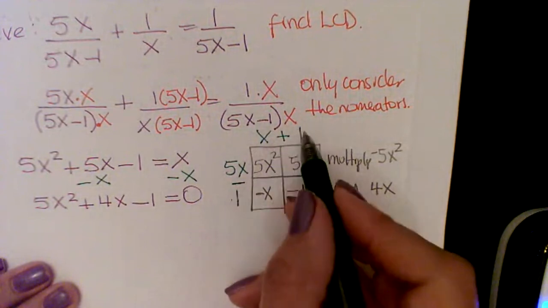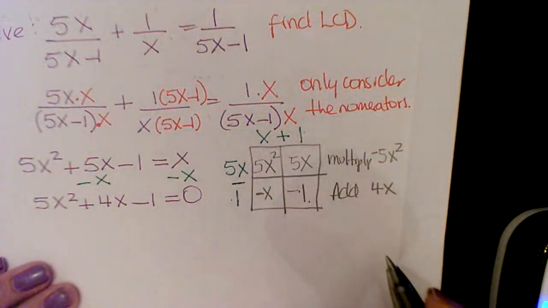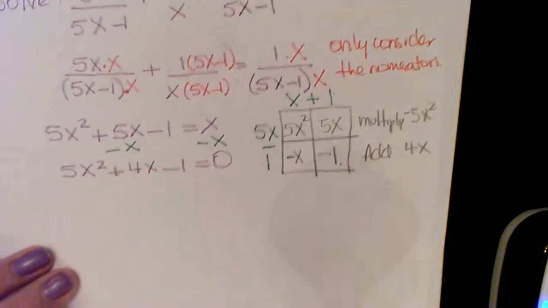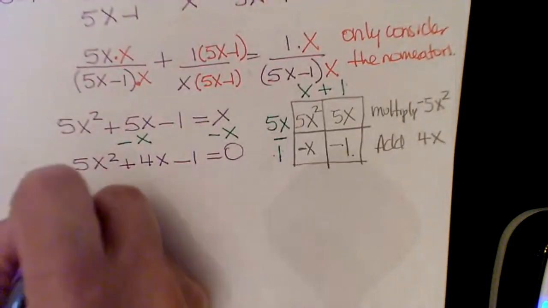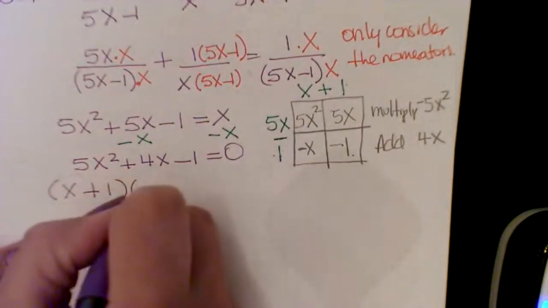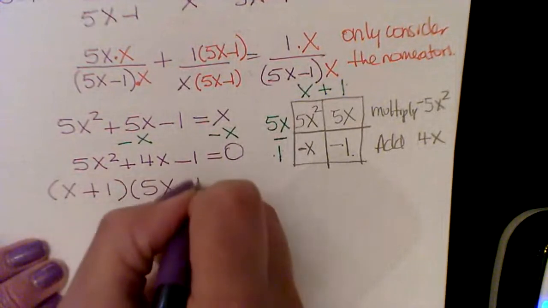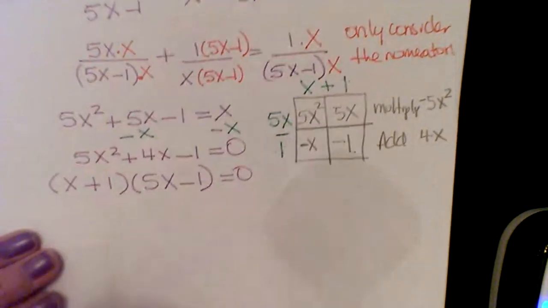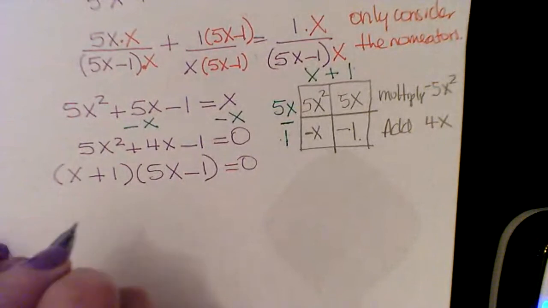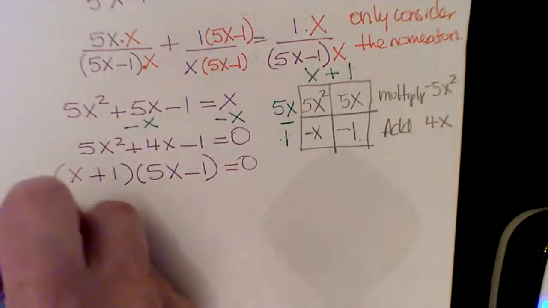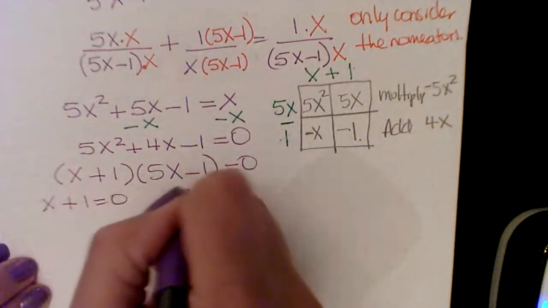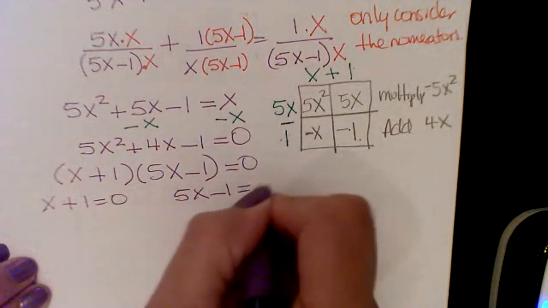Negative 1 times 1 is negative 1. So my answer is going to be x plus 1 and 5x minus 1 equals to 0. This is the zero product rule. So we have x plus 1 equals to 0 and 5x minus 1 equals to 0.